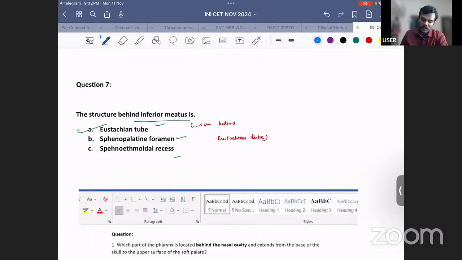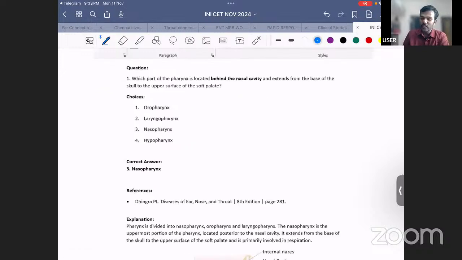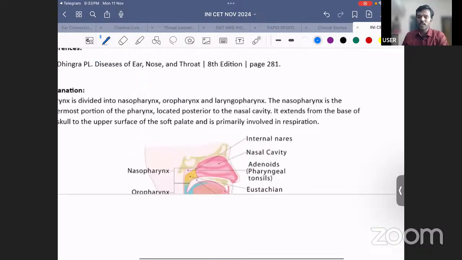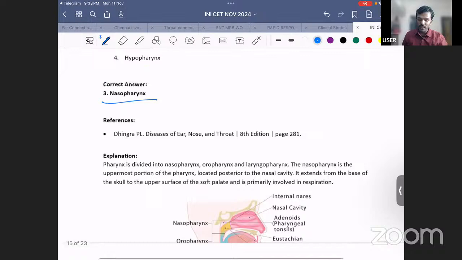We have discussed this elaborately in the anatomy of the nasopharynx. Behind the nasal cavity is the nasopharynx, which has structures in lateral relationship: the Eustachian tube, torus tubarius, and fossa of Rosenmuller. The Eustachian tube opening is 1.5 centimeter behind the posterior end of the inferior turbinate.